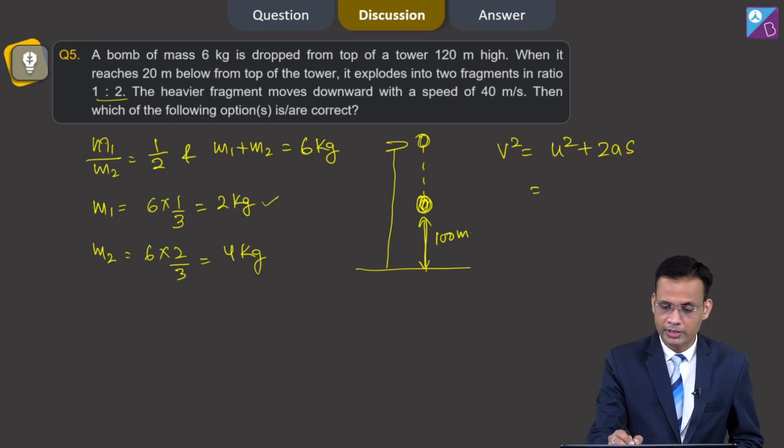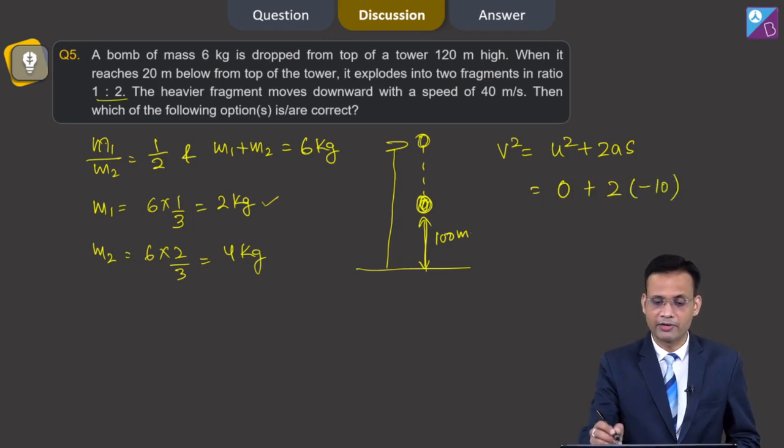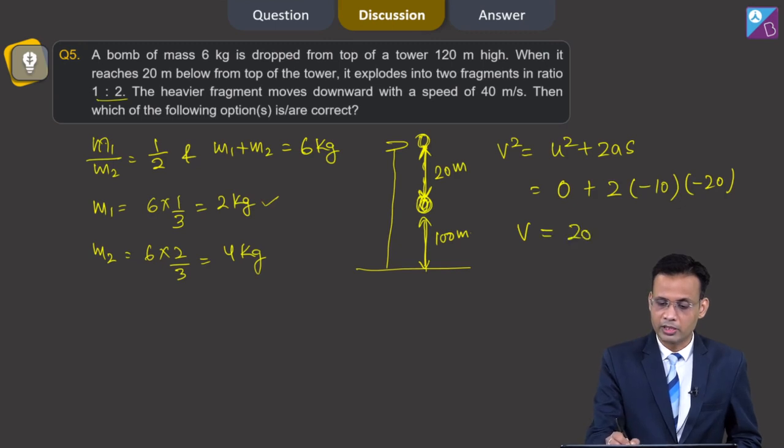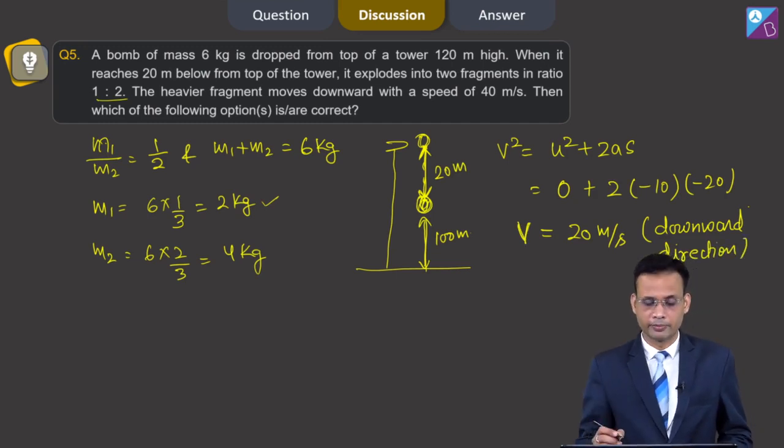The initial velocity of the bomb is 0, and the acceleration is minus 10, which is acceleration due to gravity. s is the displacement of the bomb, which is given as 20 meter, so minus 20. Now, the velocity of the bomb at this height is 20 meter per second in downward direction. So, we can use this data further in our question.